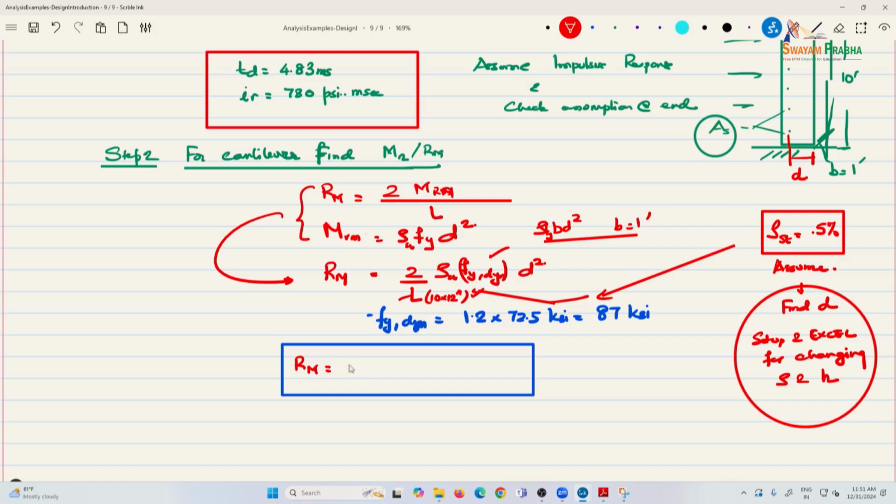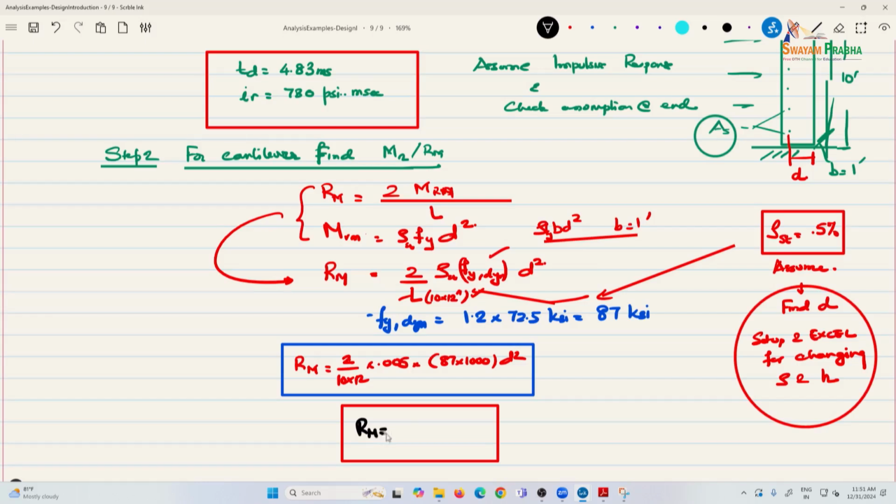So Rm comes to 2 by 10 times 12 multiplied by 0.5% multiplied by 87, this is in PSI, so this is 1000 d square, or Rm can be expressed as 7.5 d square.